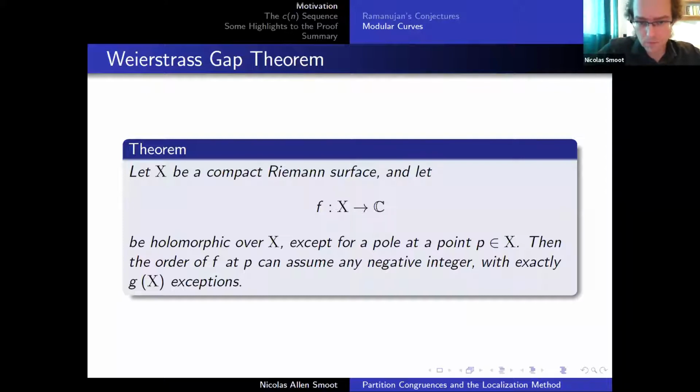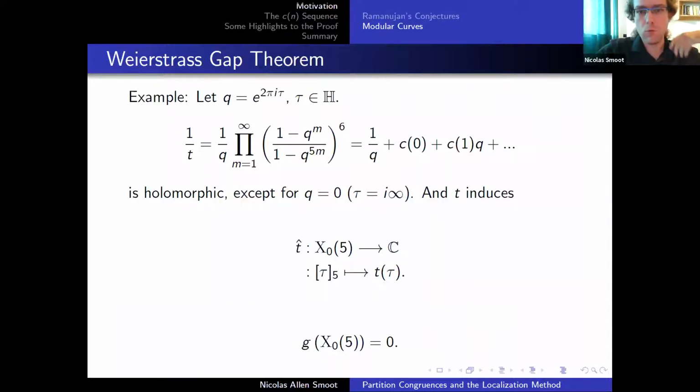So for example, I will work with, say, X0(5). I can take the function that we already looked at earlier, t. I'll look at 1 over t because it's a little bit easier. So 1 over t has this nice integer power series expansion in q. Notice it has a pole when q goes to 0, or effectively when tau goes to infinity. And it's a pole of order 1, or negative 1, right? And t will induce a function defined on the modular curve, very naturally.